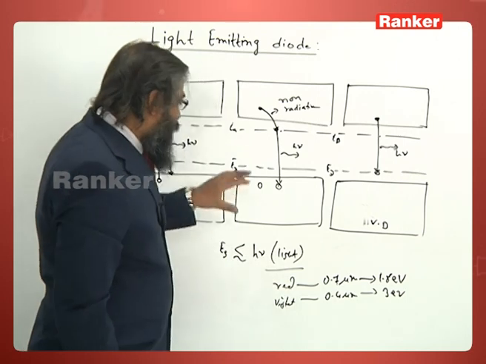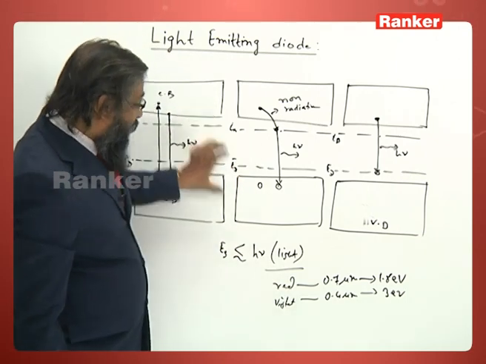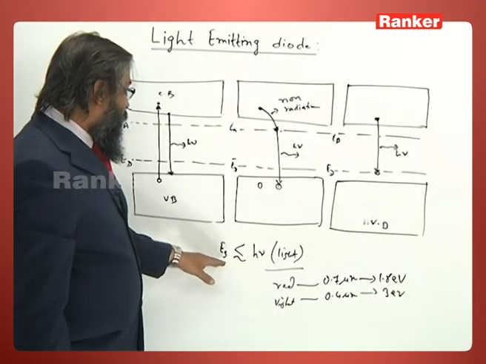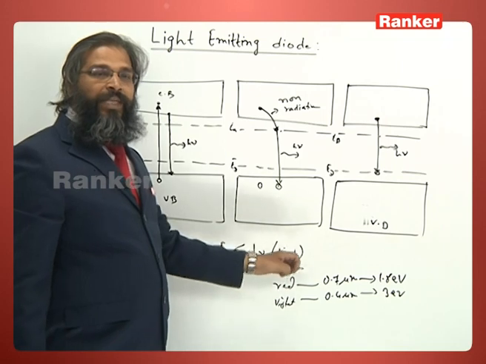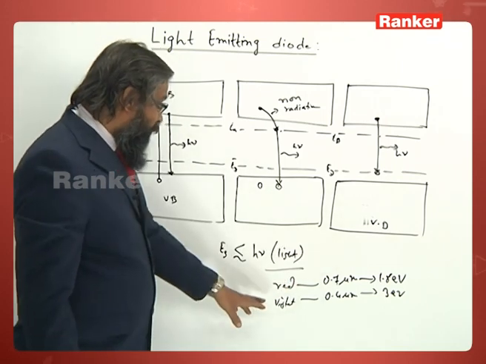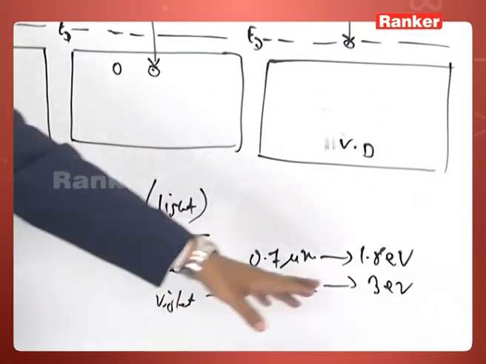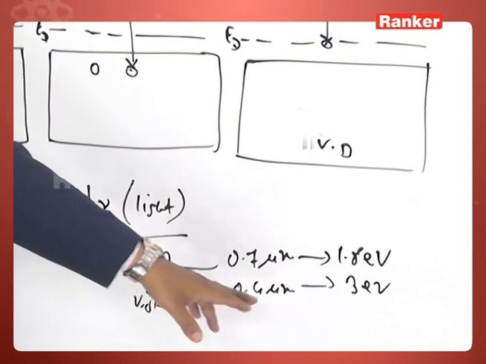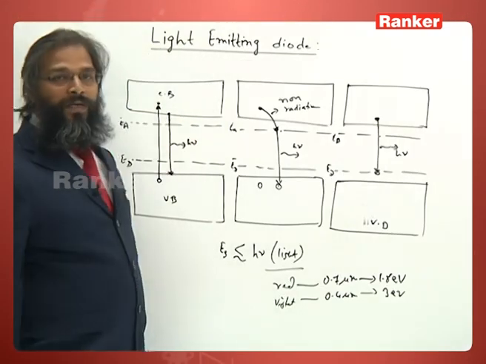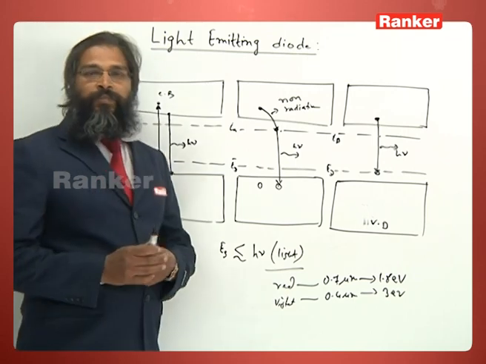So if I have to use a red LED, then the forbidden gap should be of the order of 1.8 electron volt. So EG should be somewhat less, you can take it to be 1.7 to 1.8. For violet, the wavelength is 0.4 micrometer and the energy is 3 electron volt, so the forbidden gap should be of the order of 3 electron volt. This is how an LED works.